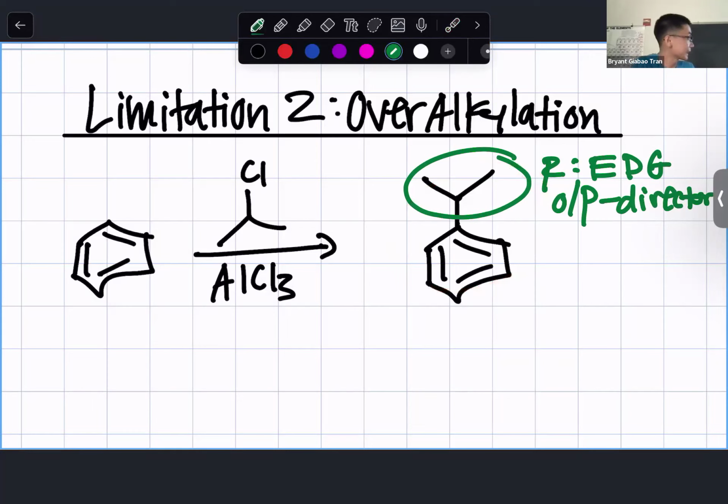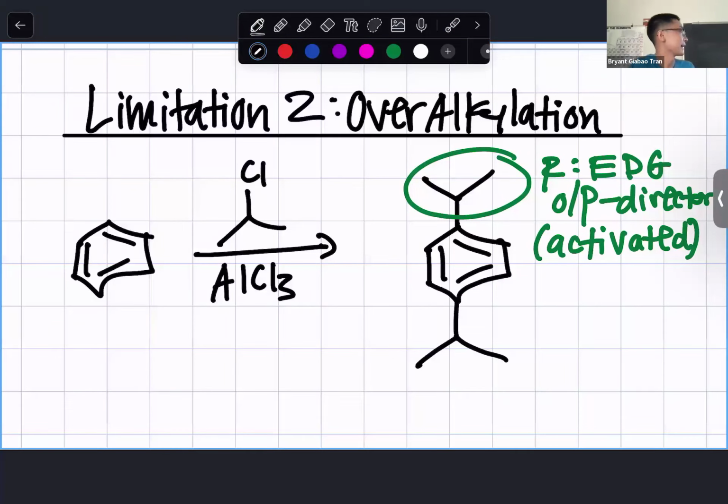Since it activated the ring, right? Because we put an EDG there, the benzene ring is now activated. This reaction will happen again. So we attach another R group para to that. It could also attach ortho, but I put para because that's the major one.